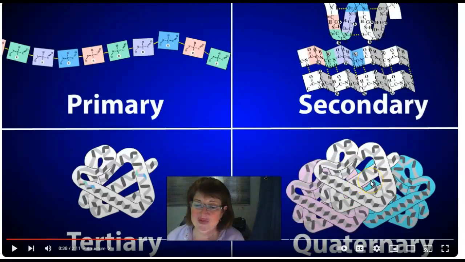And a beautiful example is hemoglobin, which is 4 different polypeptides. So it's the building of these that gives them the shape. And the shape is determined mainly by the interactions of the R groups or of the nitrogen.